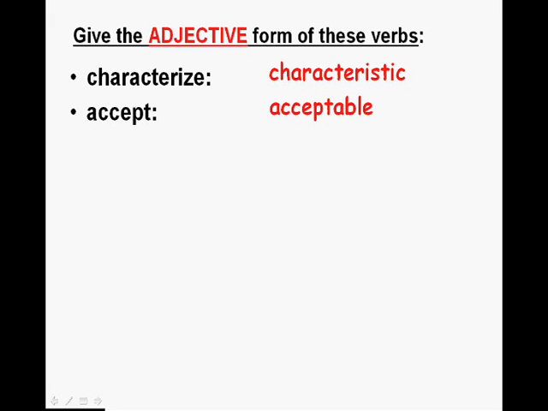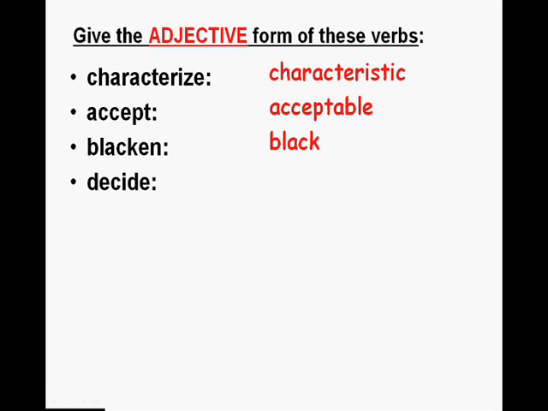Acceptable. Excellent. Blacken as a verb, then the adjective will be black. As we said before, black, the color, any color is an adjective. So here, blacken, this is a verb, and so the adjective is black.